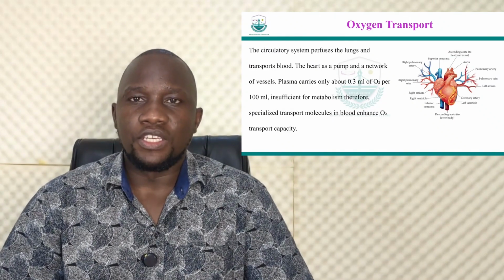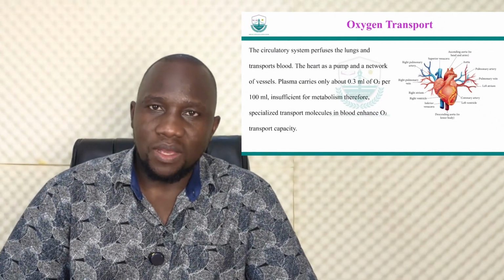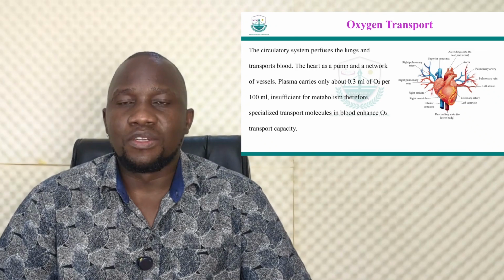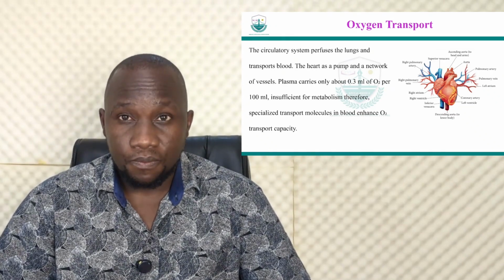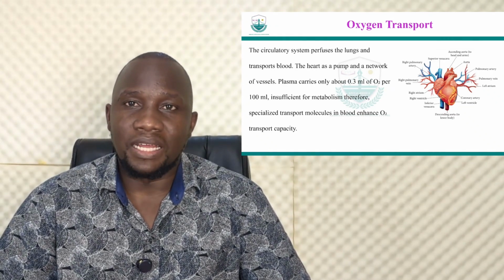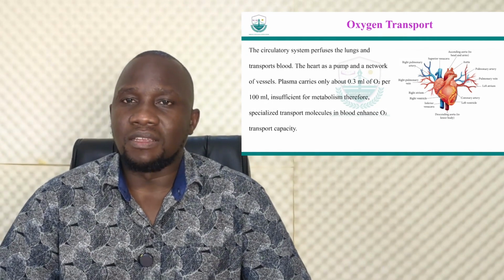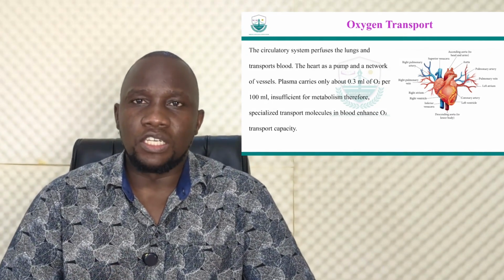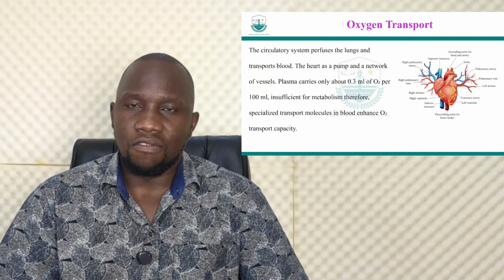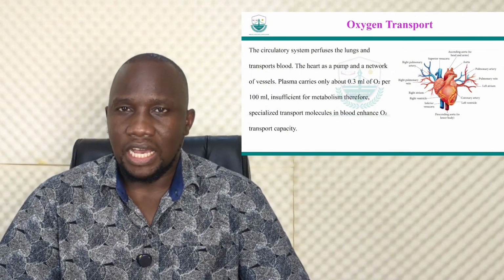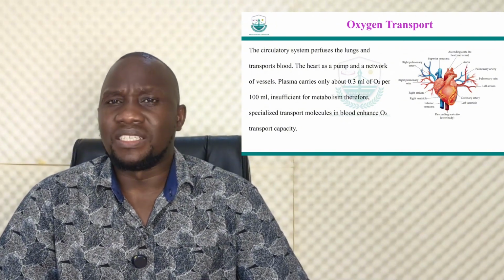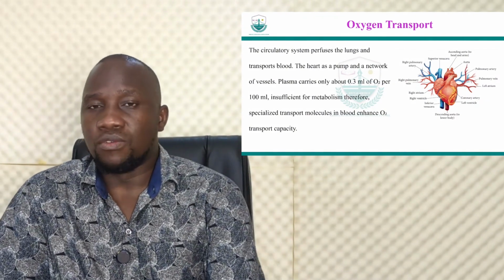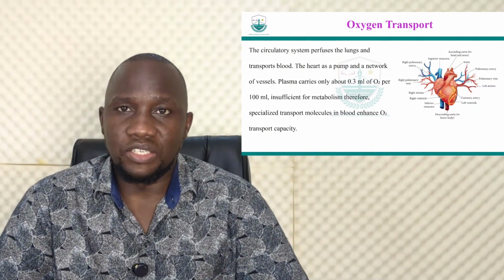So, transport of oxygen. Oxygen is transported by red blood cells. These red blood cells flow in blood, right? As the blood is delivered to the tissues, you will have the oxygen getting out of the red blood cells and diffusing into the respiring tissues.